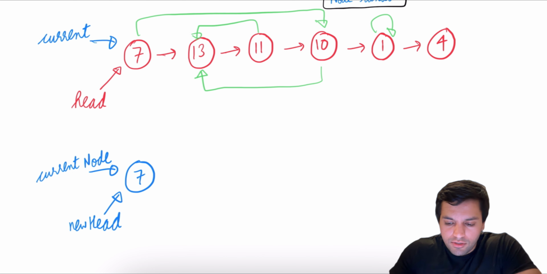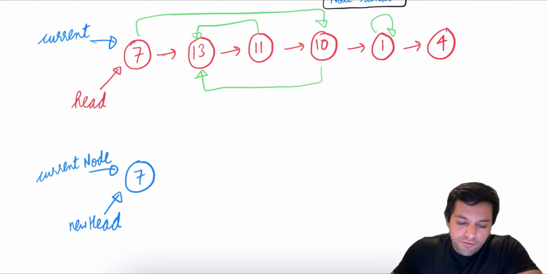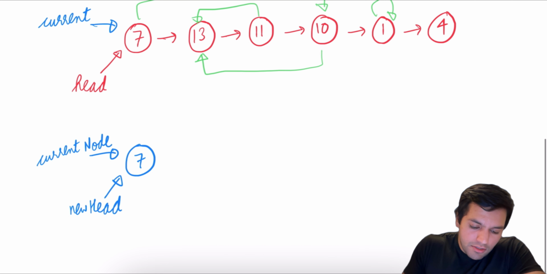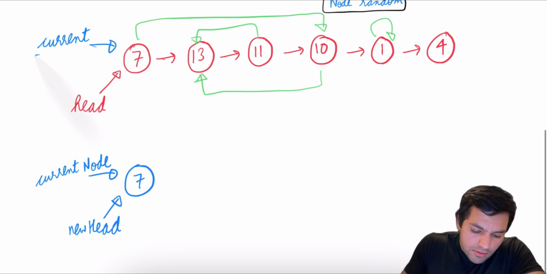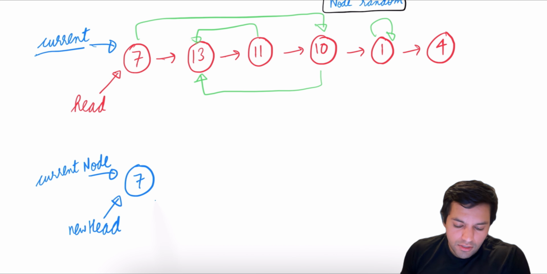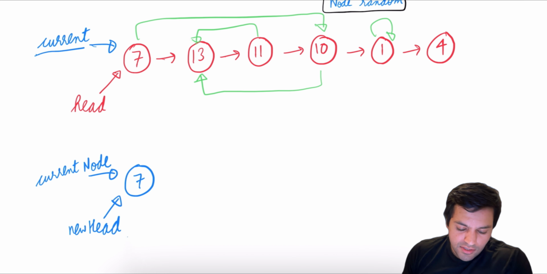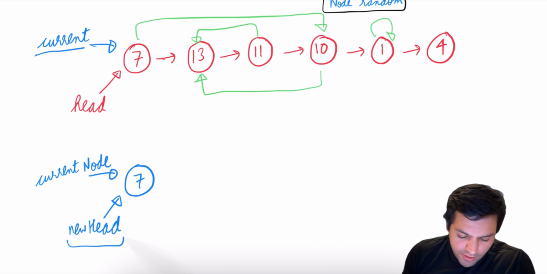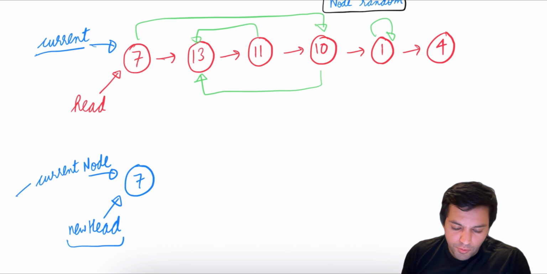Here we are given our original linked list and we are using this current variable to iterate over the original linked list. As we are iterating, we are creating the nodes of the new linked list, and initially we assign it as the new head and use a current node to iterate over the new linked list.